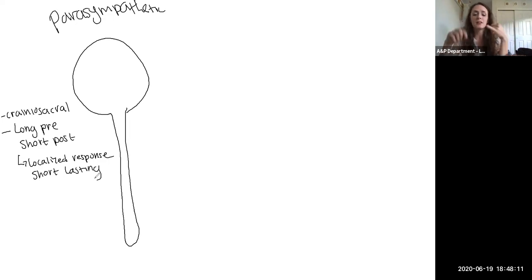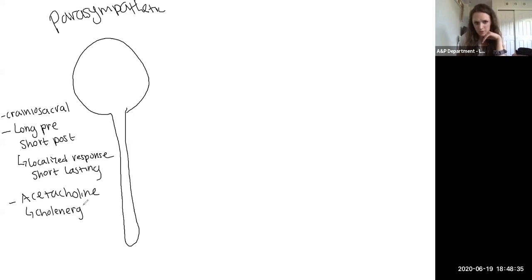Okay, that's because parasympathetic doesn't dump epinephrine into the bloodstream. This only works using small amounts of acetylcholine from neurons. We also talked about it uses acetylcholine. Okay, that makes it a cholinergic.